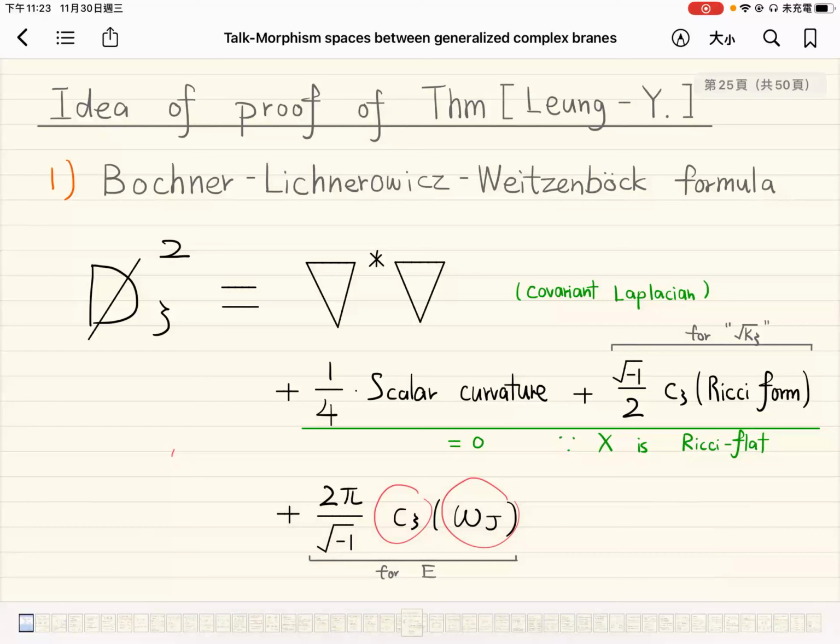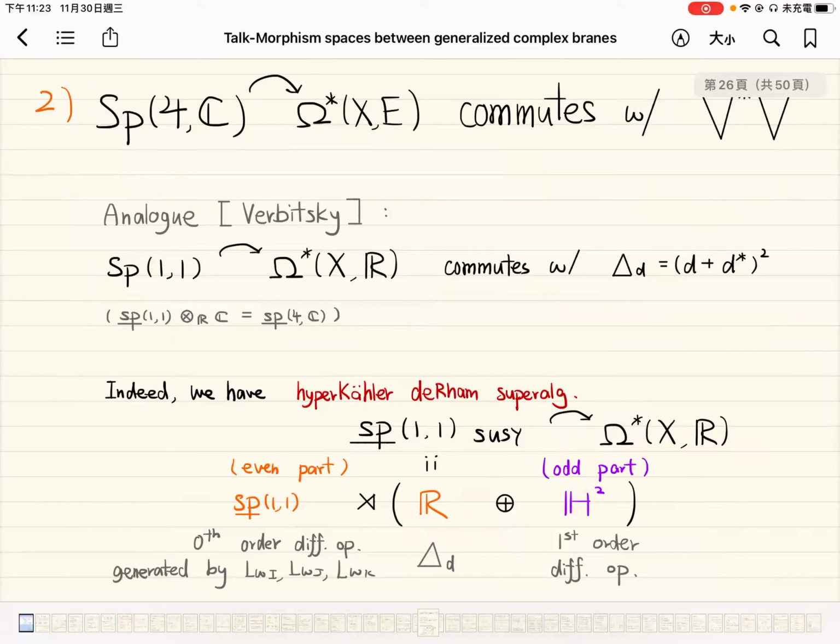Indeed, as a result, we can find a bigger group action instead of the natural SP1 action given by the IJK. So we have a group action of SP4C acting on the twisted forms on X, and this action commutes with the covariant Laplacian.